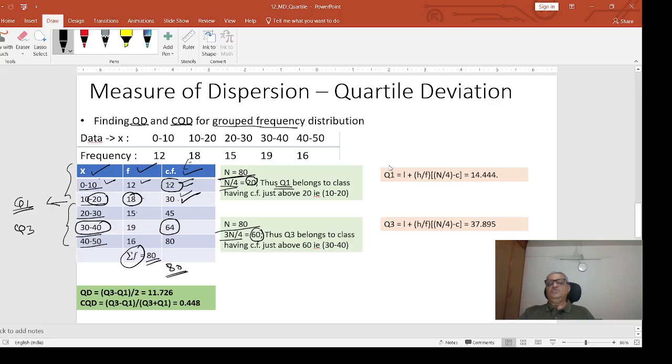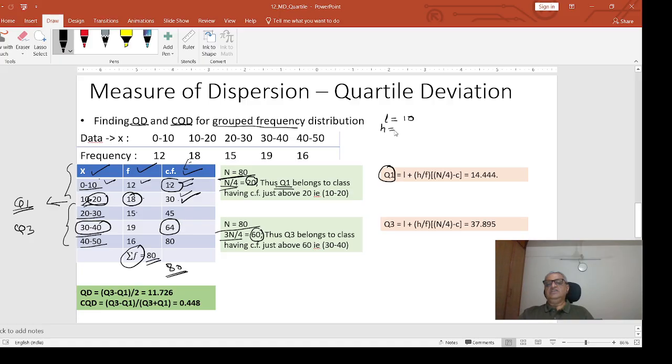Now to find Q1, I know which is the Q1 class and which is the Q3 class. So I need to go on replacing the values. L for Q1 is the lower limit of the Q1 class, and that is 10, from the class 10 to 20. What is H?